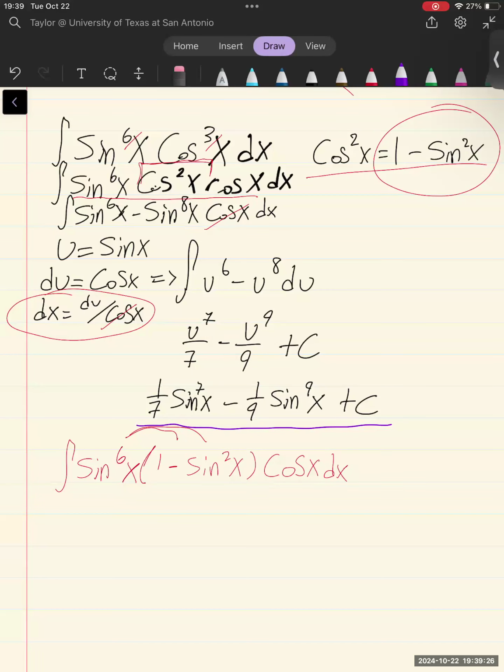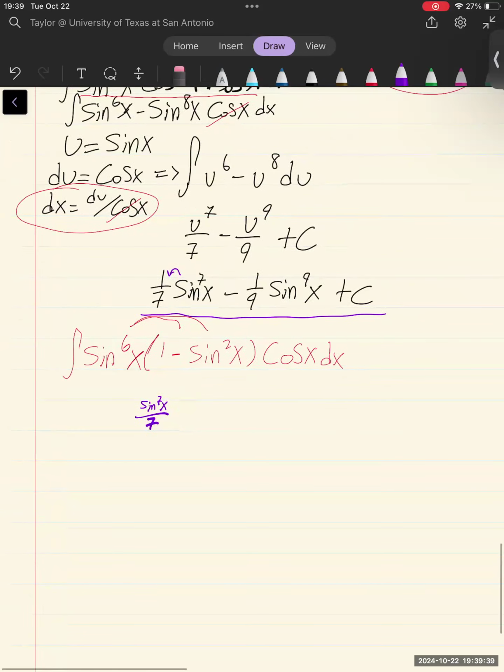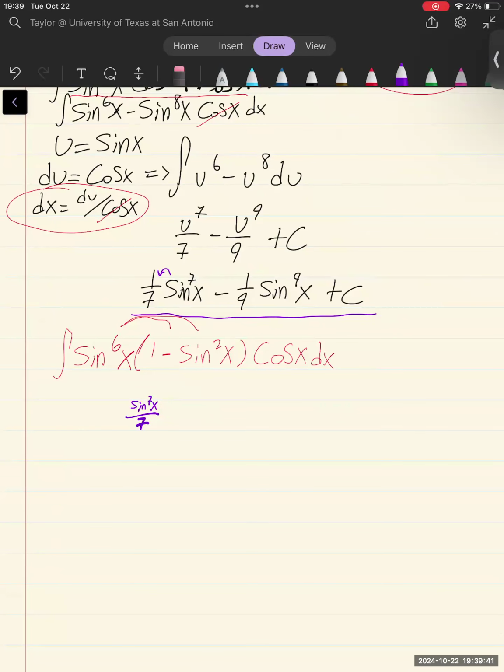So the only difference is just for the sake of trying to stay within the lines. If I included this in the numerator, I would just have sine to the 7th x over 7, but it's a little tight for one line, so that's how I've been putting it. So whatever way you're comfortable with, feel free to use, like in all things in math. Don't change it for the sake of a review. You know what I mean?